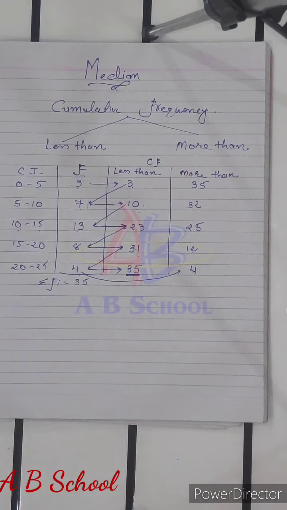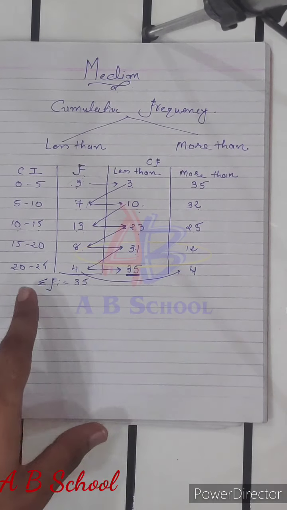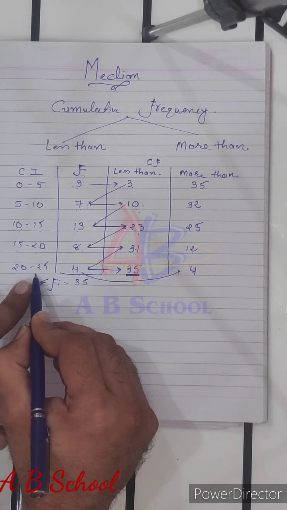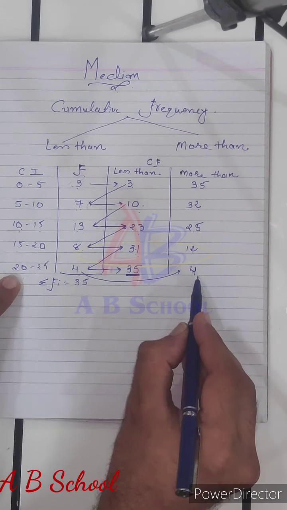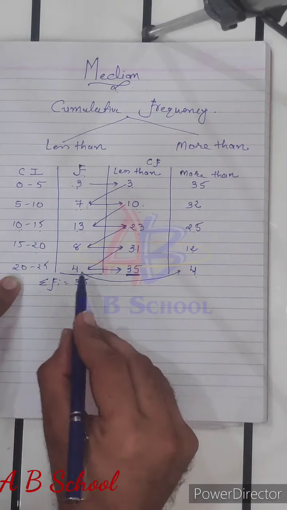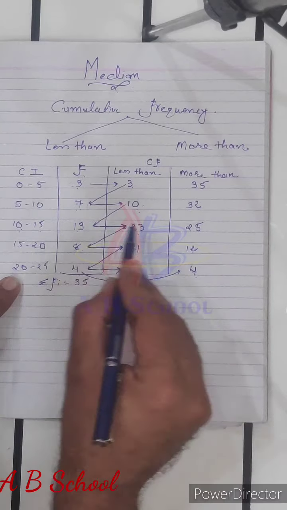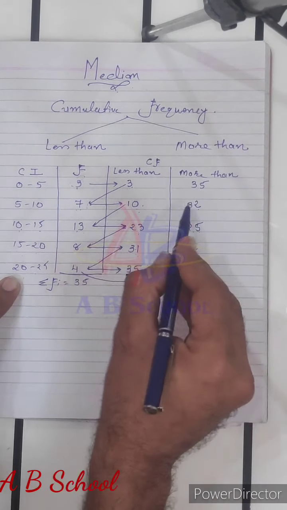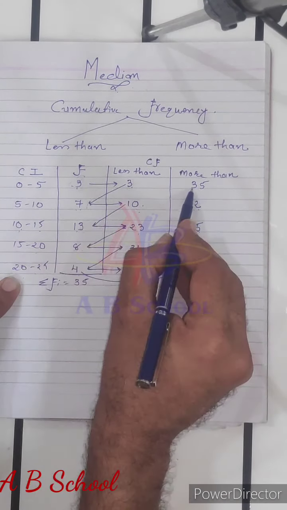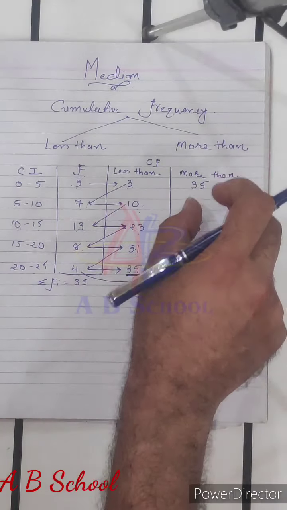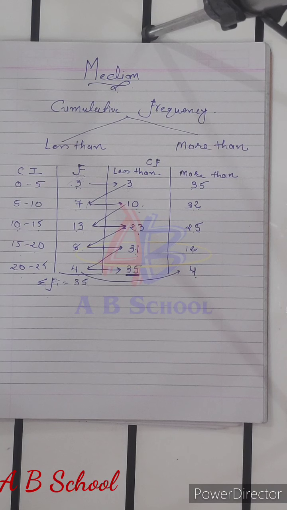So I did the same process, but I started from the class interval at the bottom. First frequency I wrote same, then 4 plus 8, 12 plus 13, 25 plus 7, 32 plus 3, 35. This is more than type cumulative frequency.